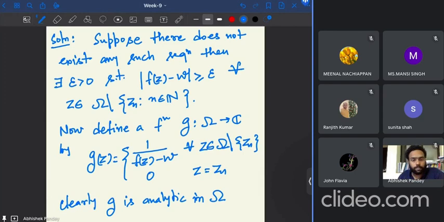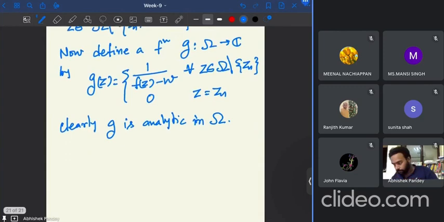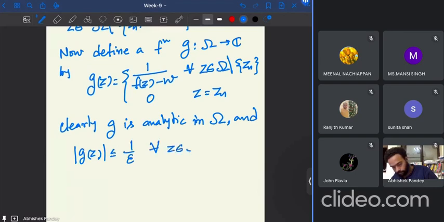whatever I'm saying, is it clear? Okay, this you can check and ask me if you're not getting it at this point. And mod of g(z) is at most 1 upon epsilon for every z belongs to omega.